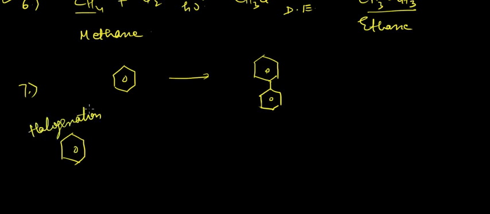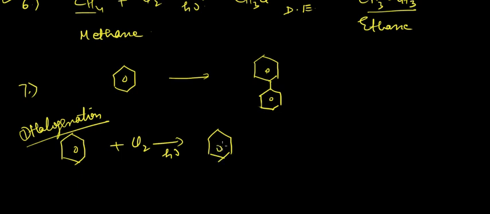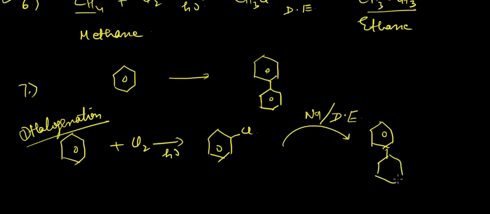By halogenation I mean, first I would have reacted it with Cl2 to form a chlorobenzene, and then from chlorobenzene I would have reacted with sodium ether to form this compound. So the second is Wurtz reaction.